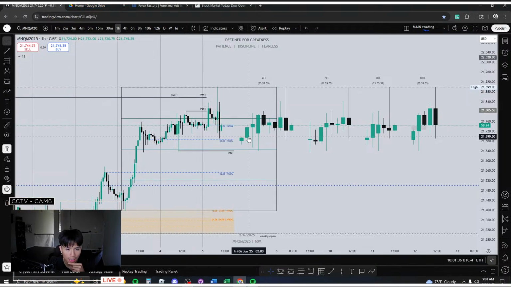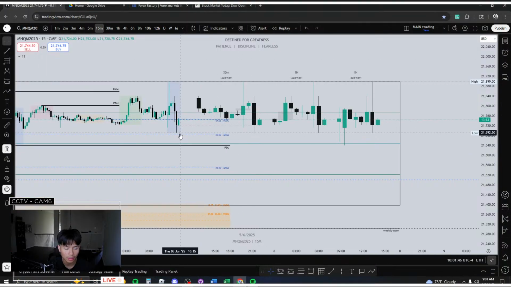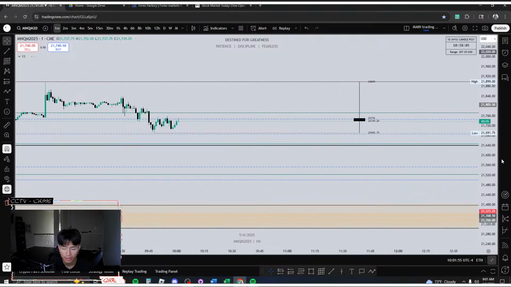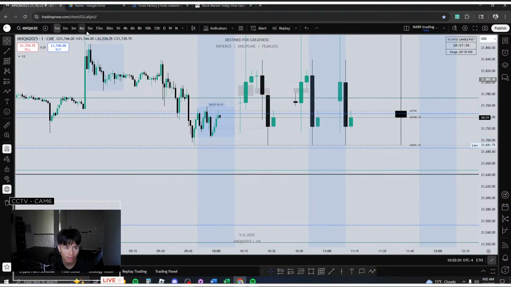It seems that the hourly low, the 30-minute low and the 15-minute low have the same low as the 4-hour and 8-hour low. However, on the 15-minute time frame, it's not really clear to me if we're going to take out the 15-minute low or not.